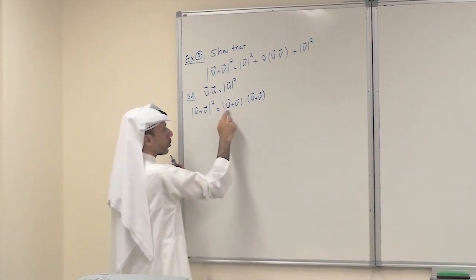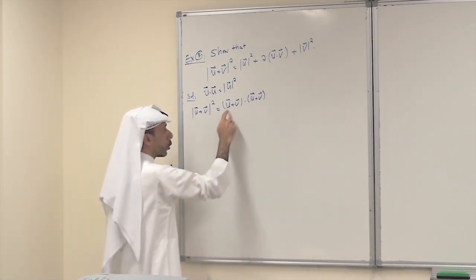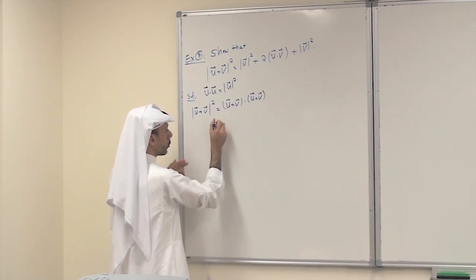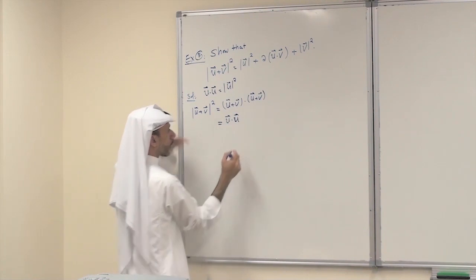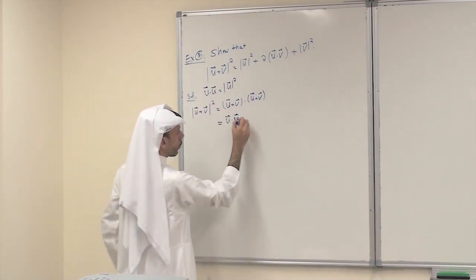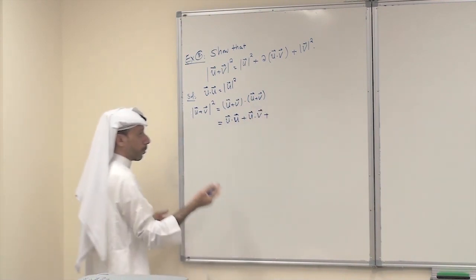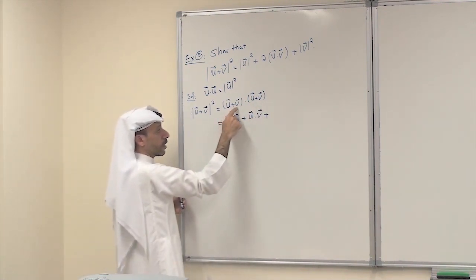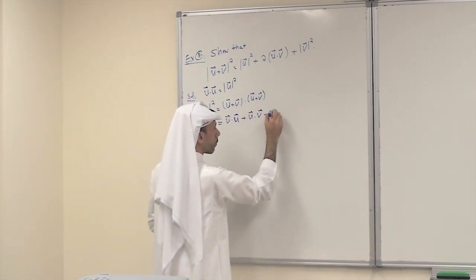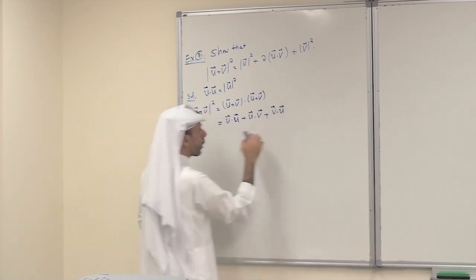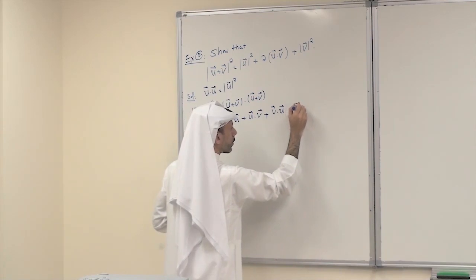Multiply u by the two vectors, plus v by the two vectors. u dot u, plus u dot v, plus v dot u, plus v dot v.